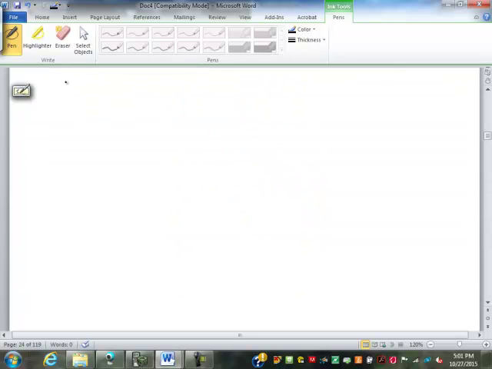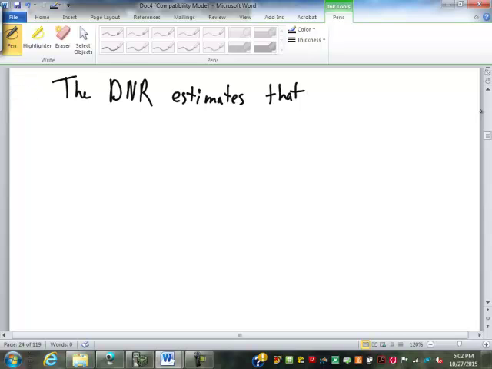So, the DNR estimates, what's that? They're estimating the deer population is way down. Yeah. The DNR estimates that 0.8% of deer are partially albino.